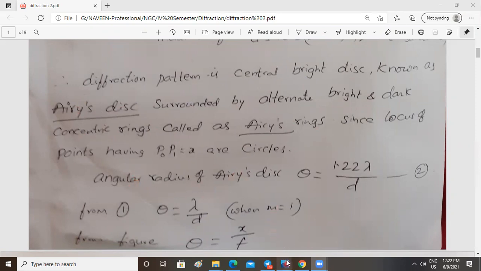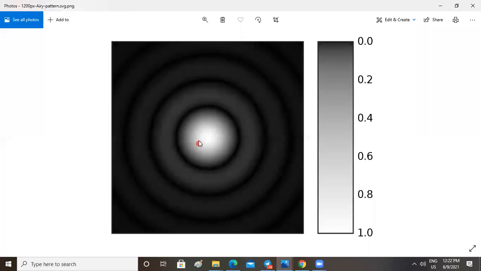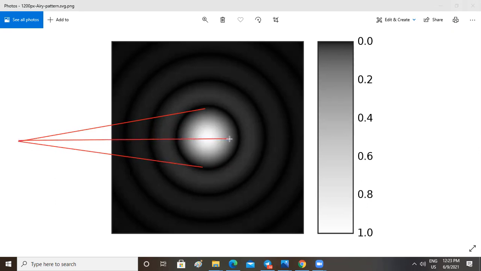Angular radius means, if you see, this is the pattern observed on the screen. What I am doing is, from the lens, all the wavelets coming in this angle are forming this ring.